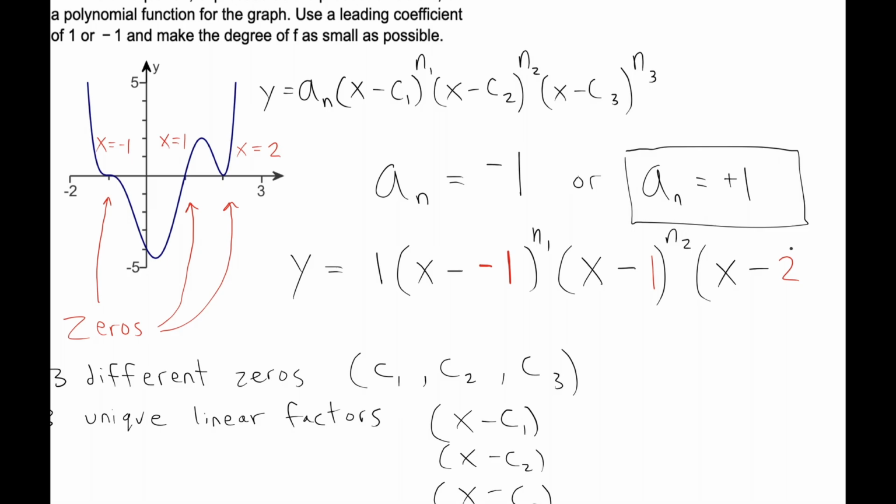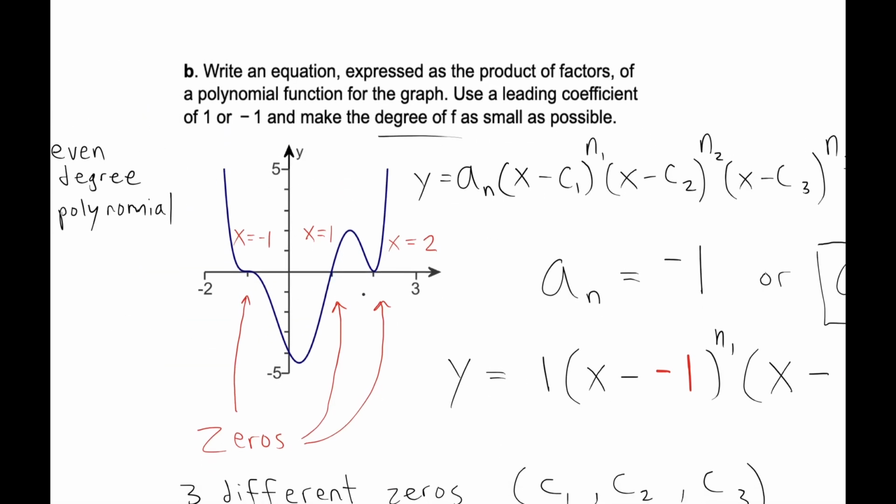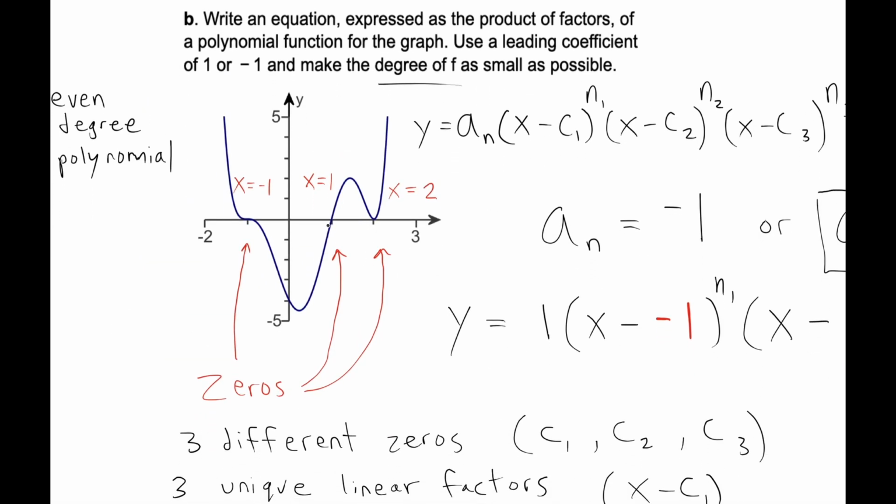But the problem is we don't know the multiplicities yet. So we have to find those. Now they're saying to make the degree of f as small as possible, which means we want to look at the features, like the behavior of the graph around those zeros, and pick a multiplicity that's the smallest that it could possibly be.